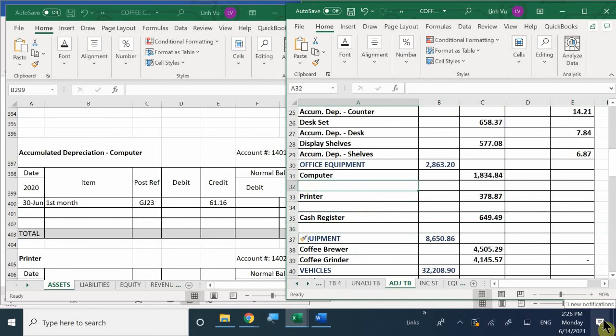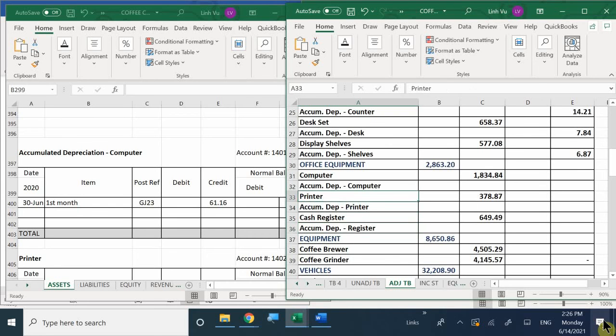So starting with the first one, accumulated depreciation computer. Okay. I'm just going to go ahead and type them all in since I already know what they are. So accumulated depreciation printer and accumulated depreciation for the register.